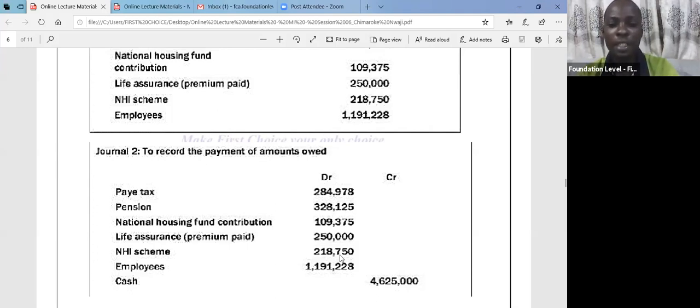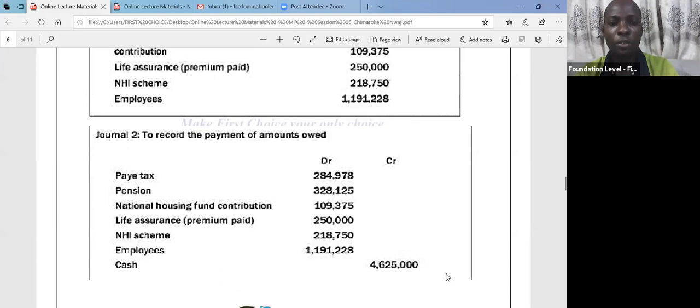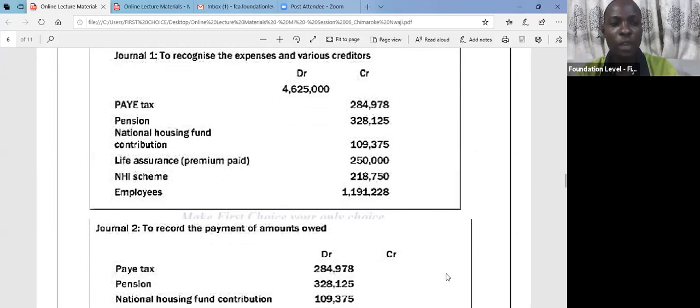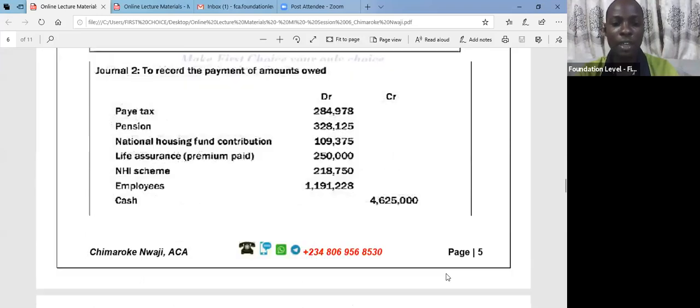Then the staff salary. Everything could come in different instructions, but one check covers everything. So you see two journals have been used. If you are using software, it also performs all of this together.